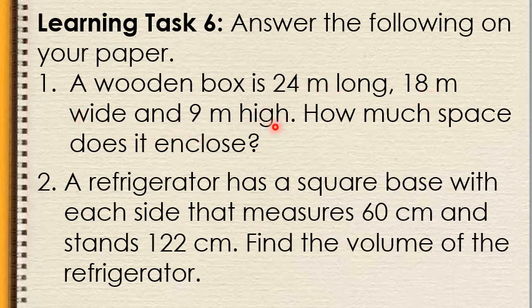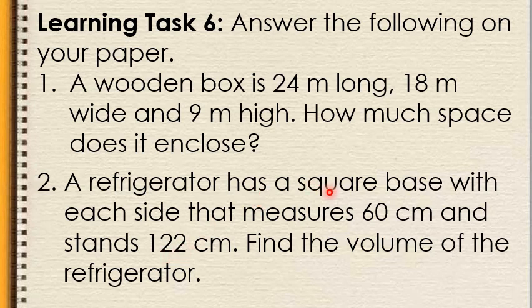So, multiply. And then, sa number 2 naman, kung mapapansin mo, dalawa lang ang given. Pero, kung i-analyze mong mabuti ang problem, ang sabi ay, a refrigerator has a square base with each side that measures 60 cm. Magtatanong ka sa akin, mag-chat ka o magko-comment ka sa baba nitong video. Ma'am, bakit po 60 lang at 122? Nasaan po yung isang number?